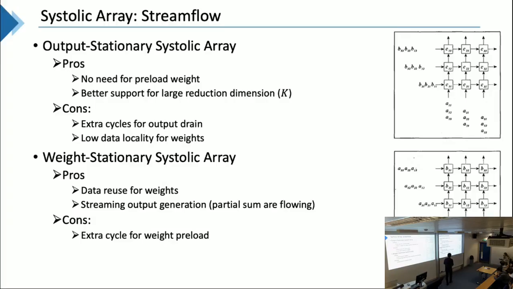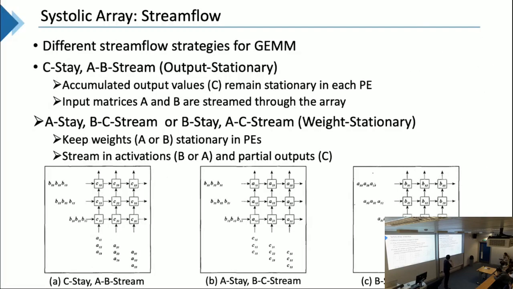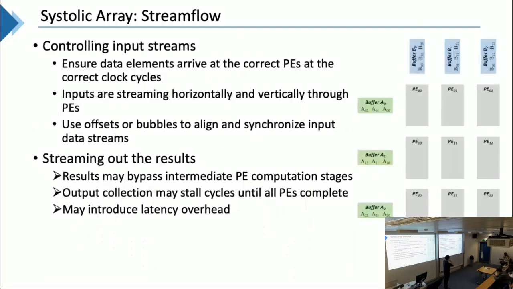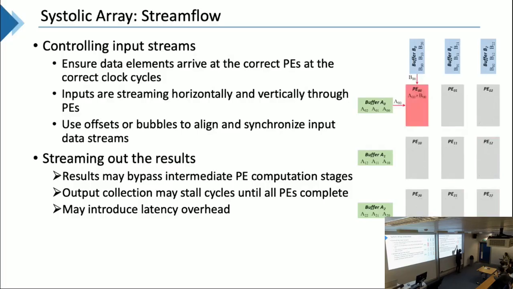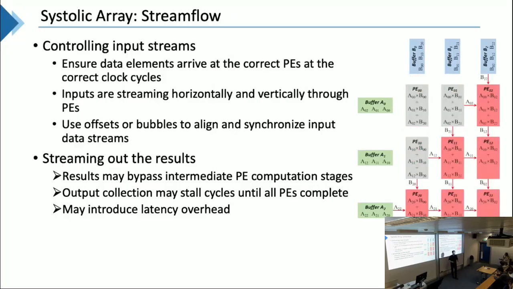For example, in the animation I showed before, when the result is ready, when A times B is ready, you need to stream out this output. There are different ways to stream out this result. First, you can design a bypass wire, for example connecting each PE to your output port, but that introduces an interconnect problem.